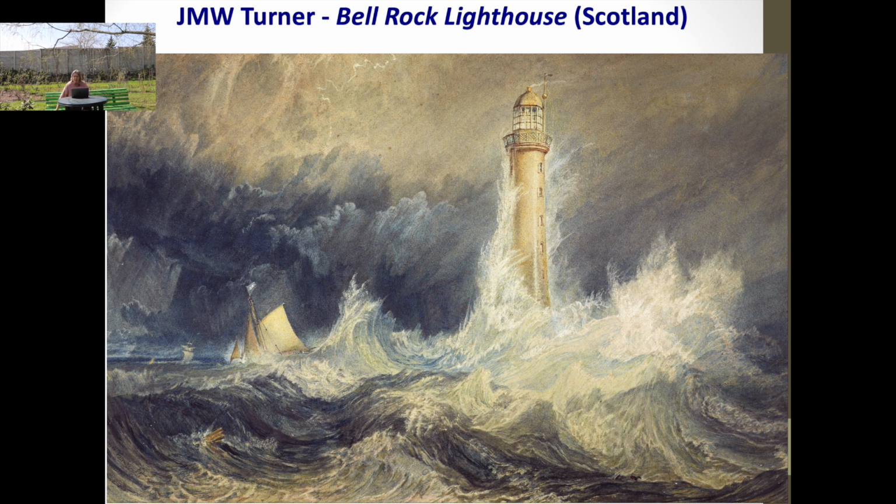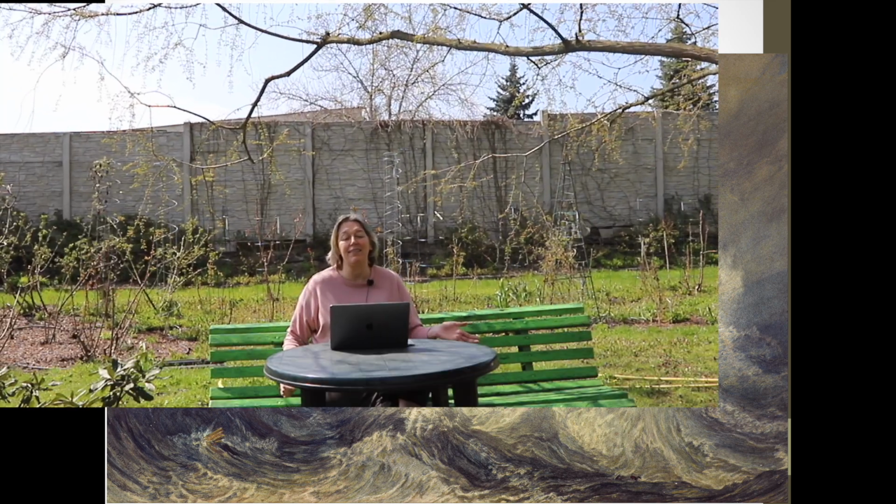So here we have a storm basically hitting the lighthouse. If you look at the shaft of the lighthouse and the wave kind of circling around it, it's like a hand grabbing the lighthouse. Lots of interesting, really, seascapes.